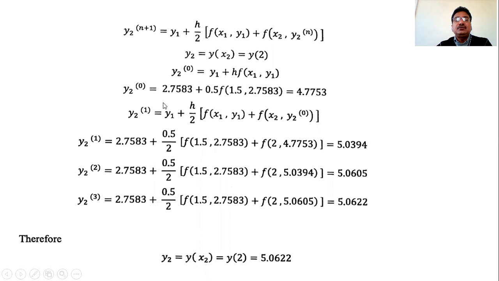Then y2,1 is y1 plus h by 2, f(x1, y1) plus f(x2, y2,0). Substitute the values, we have this. These answers are correct up to 2 decimal places. So finalize: y2,3 is the final value of y2, and this is the value of y at 2.